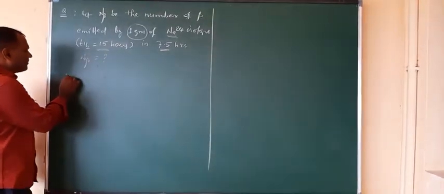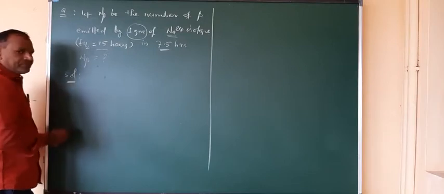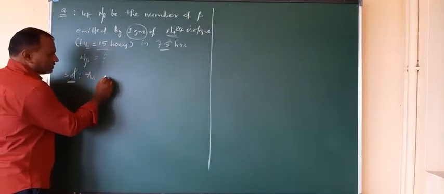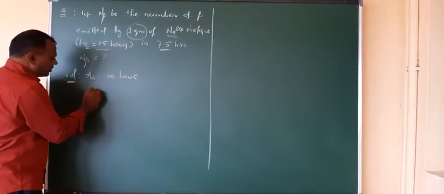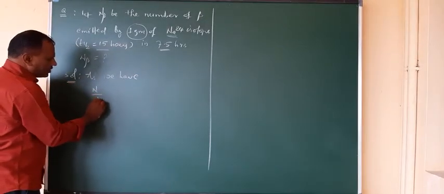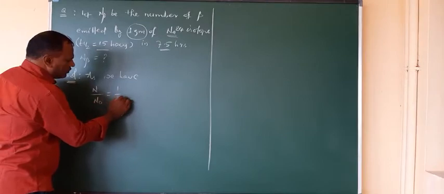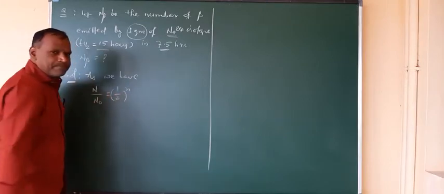So here we can easily write N by N naught is equal to 1 by 2 power n.